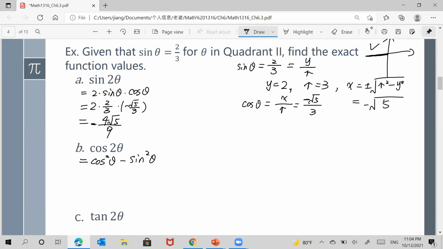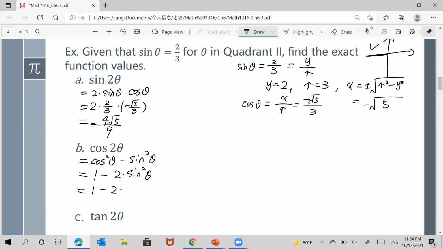We can plug them into the expression, or we just use 1 minus 2 times sine theta squared, because this is another expression.